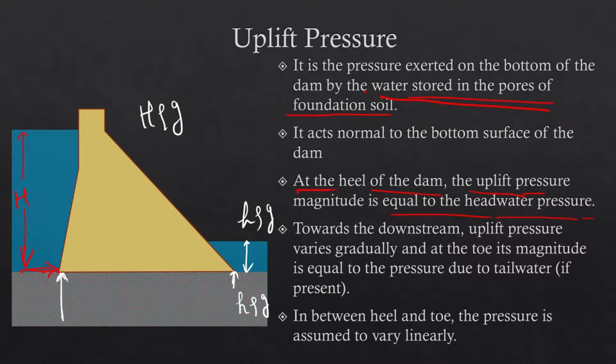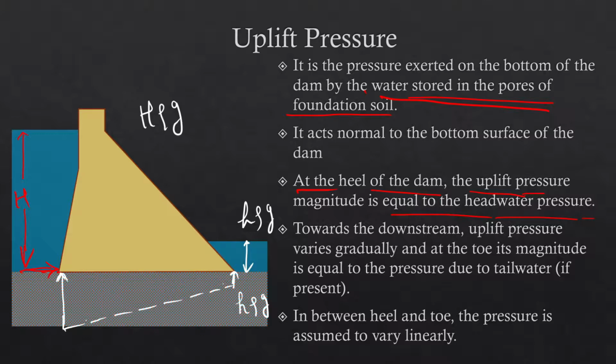Now, in between, how the pressure will vary, there is a lot of research going on to find out the exact variation, but for all practical purposes, it is recommended that we assume the pressure varies linearly. That means a constant pressure drop per unit length in this direction.